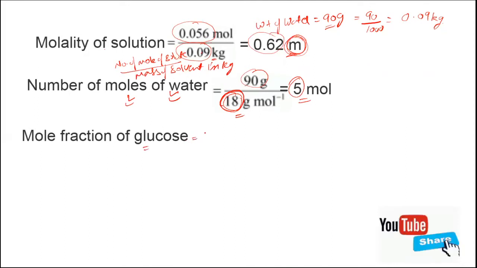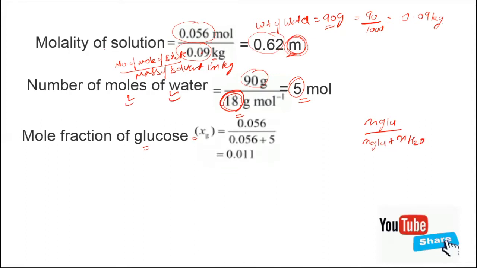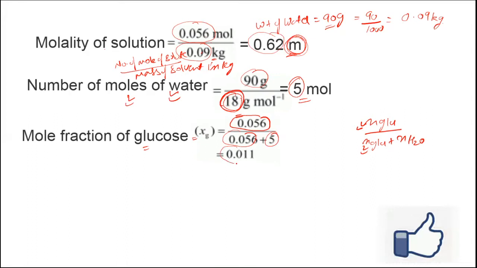Mole fraction of glucose will be equal to the number of moles of glucose upon the number of moles of glucose plus the number of moles of water. So here is the equation. Here 0.056 is the number of moles of glucose and this 5 is the number of moles of water. When we solve it, the value comes to be 0.011. This is the mole fraction of glucose.